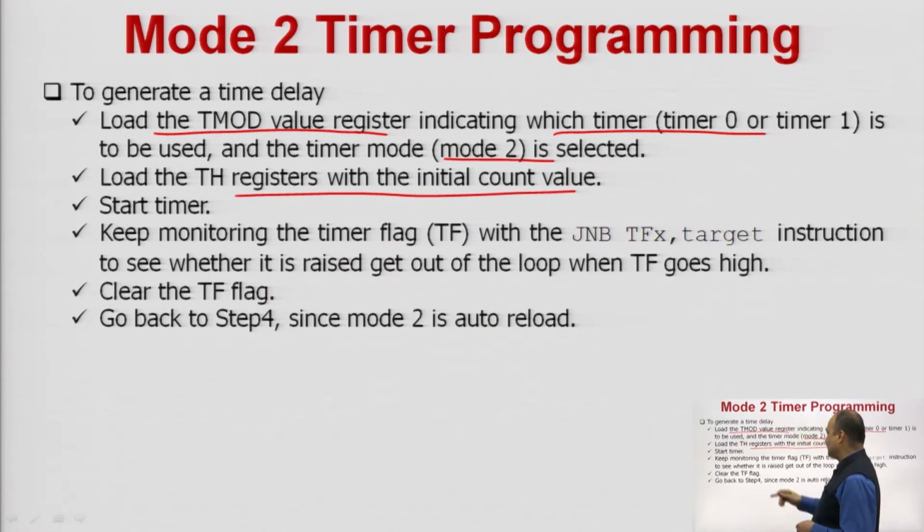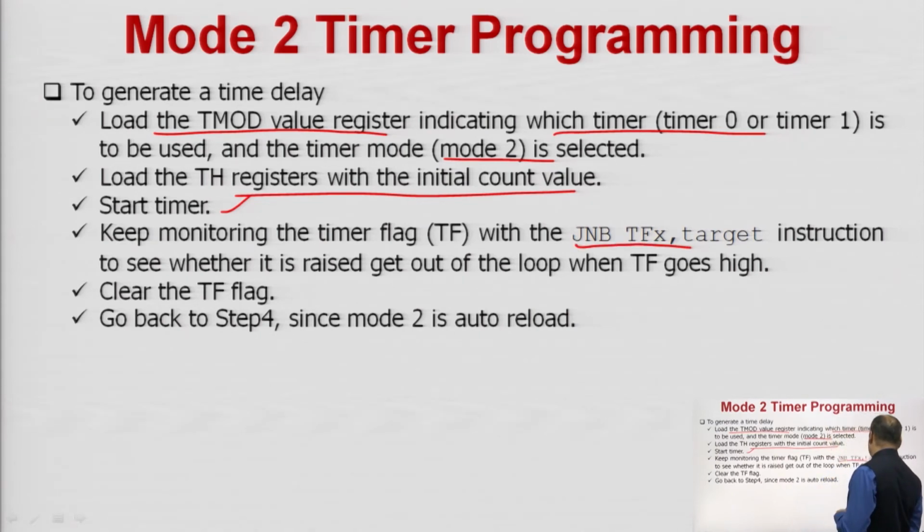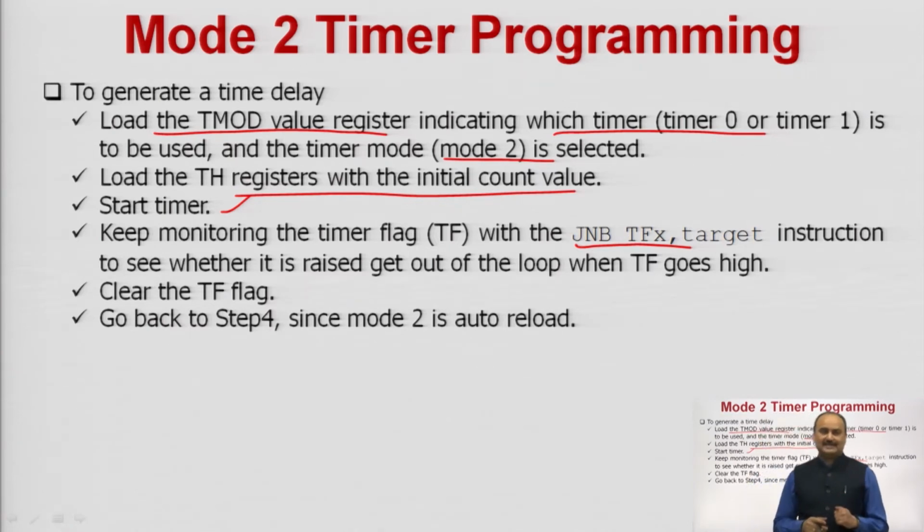Once the value is loaded, the next step is to start the timer with the help of the instruction SETB TR0 or TR1. Keep monitoring the timer flag. Once the timer is started, we need to keep monitoring the timer flag, whether it is set or reset, with the help of the instruction JNB TFx, target. When the timer flag is set, get out of the loop, because the timer flag is set to indicate that there is a rollover.